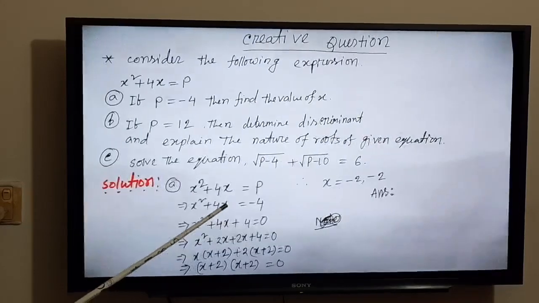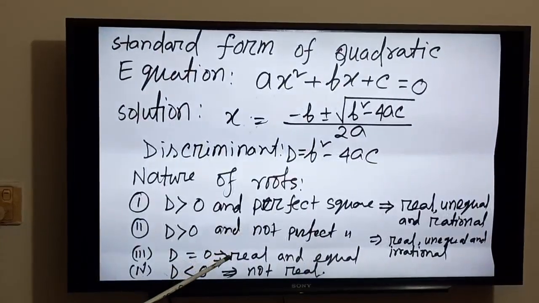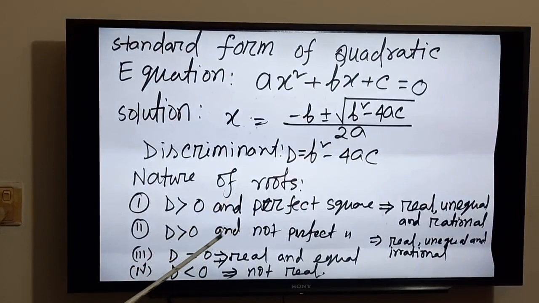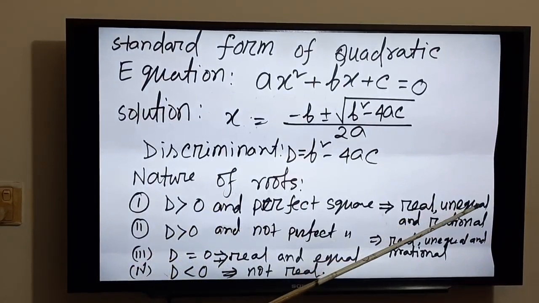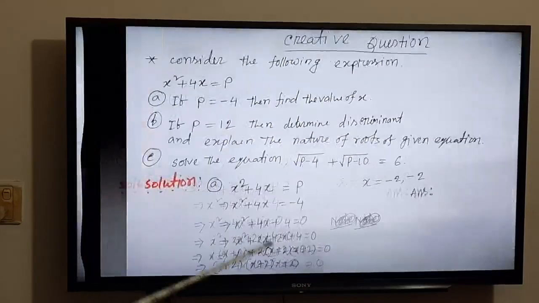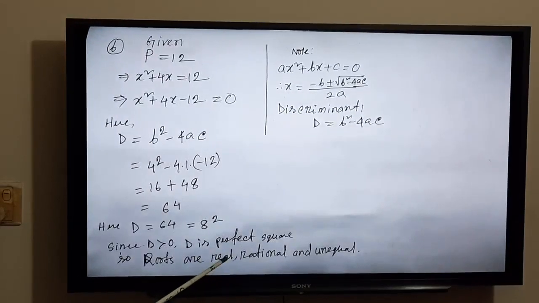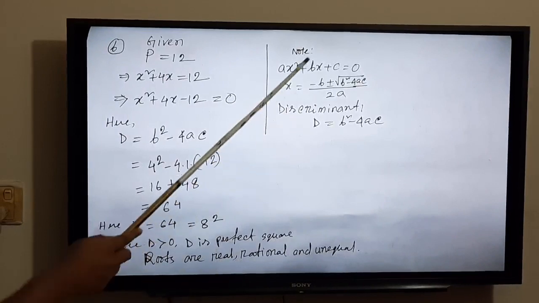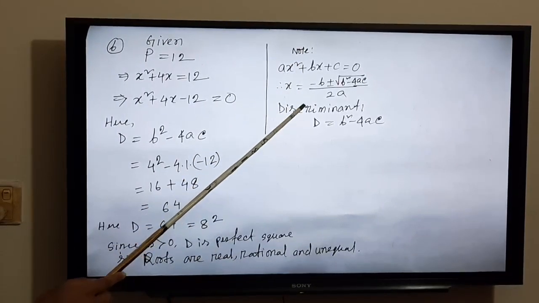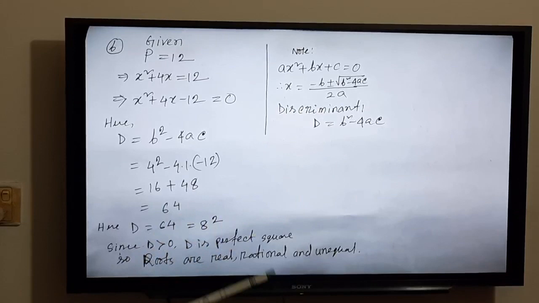If D is a perfect square, what condition should be followed? Roots are real, unequal and rational. So we can say roots are real, rational and unequal. This is the nature of roots. It is no need to mention this in your answer script.